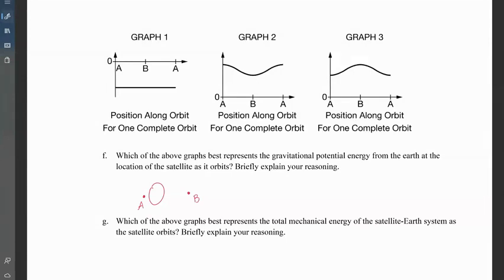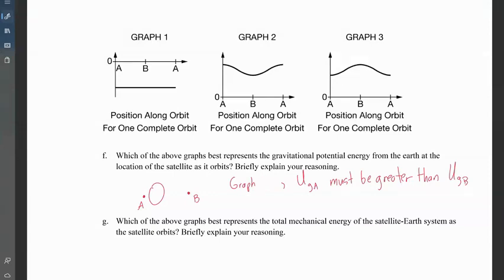A has more than B, A has less than B. So it has to be graph 2 because UG at point A must be greater than gravitational potential energy at point B. Oh, I'm sorry, less than. Nope. Okay, not graph 2.